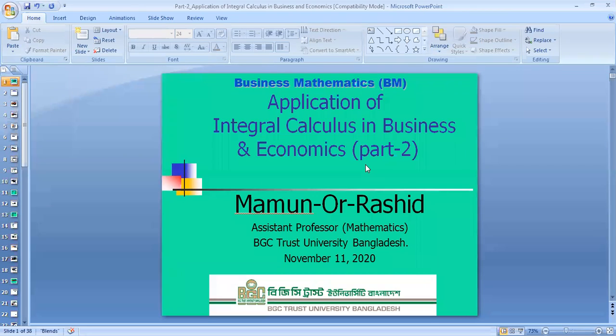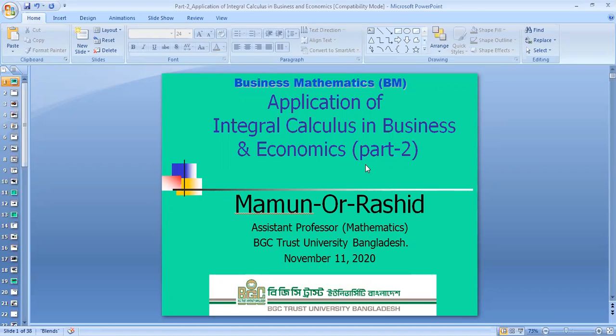Actually, we have to apply integral calculus to find the total cost, total revenue, and average cost. For all these terms in business, we have to apply integral calculus.